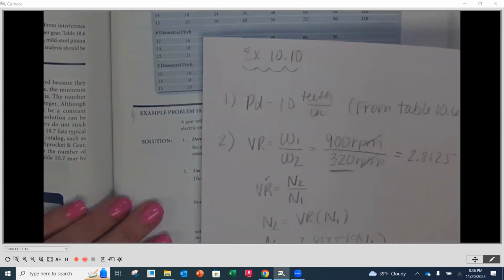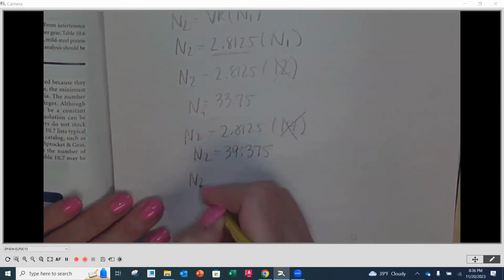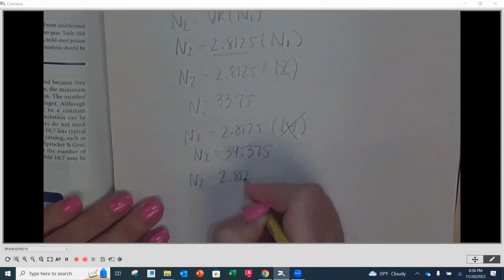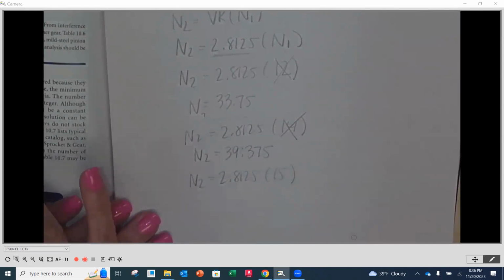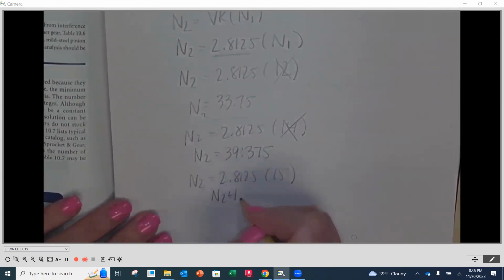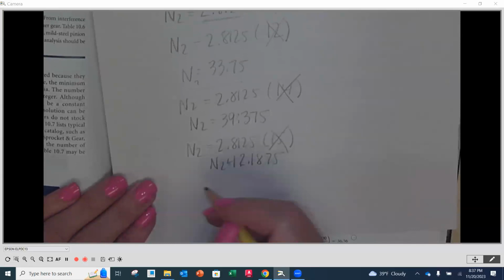Let's try 15. N2 is equal to 2.8125 times 15, which is 42.1875. Not going to work. Next one.